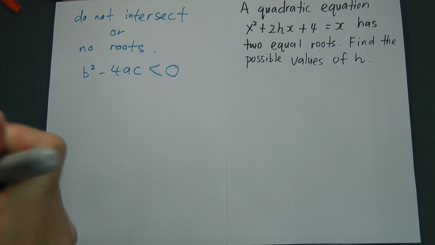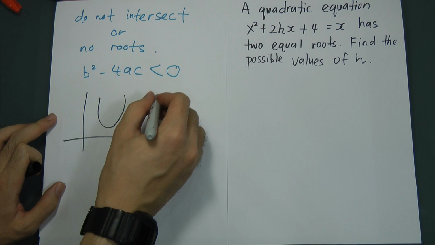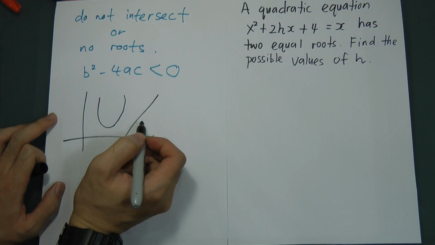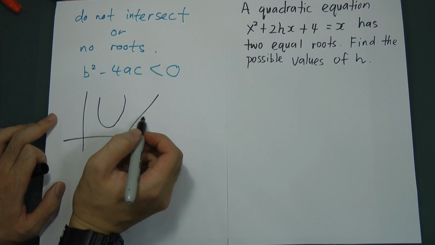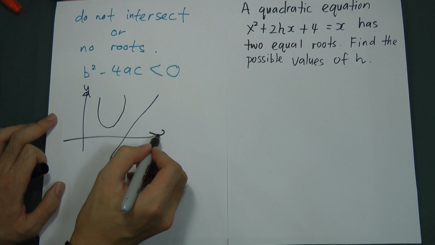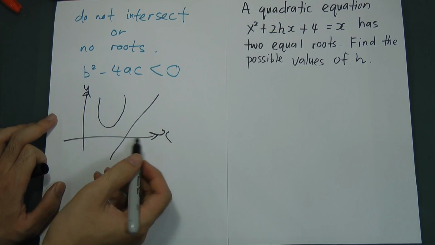It means the curve or the straight line does not have any intersection point between them. In this kind of example, it can also mean that the curve does not intersect with the x-axis.